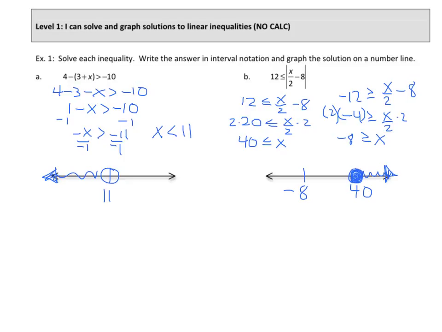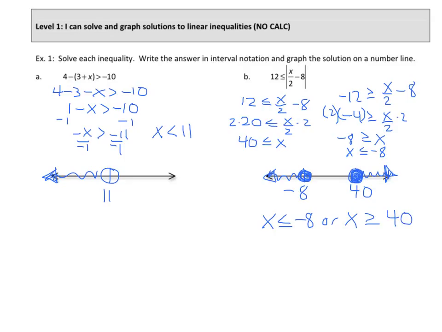And negative 8 is greater than or equal to x is the same as x is less than or equal to negative 8. So from negative 8, I'm going to shade to the left. And the official way to write this inequality is x is less than or equal to negative 8, or x is greater than or equal to 40.